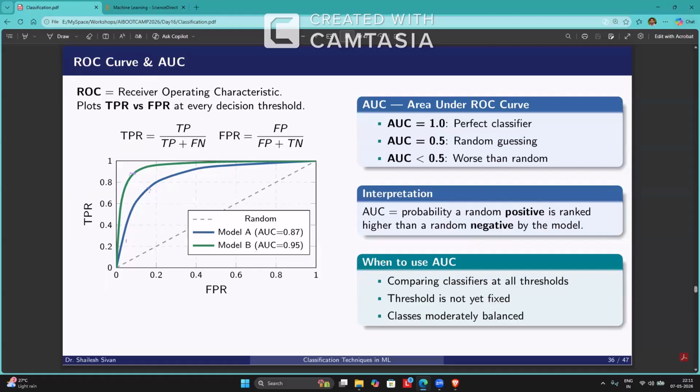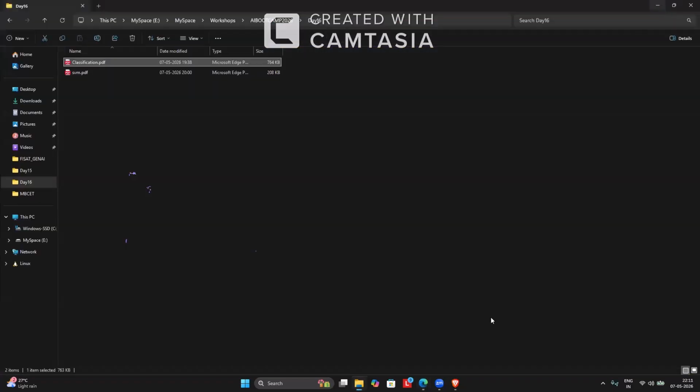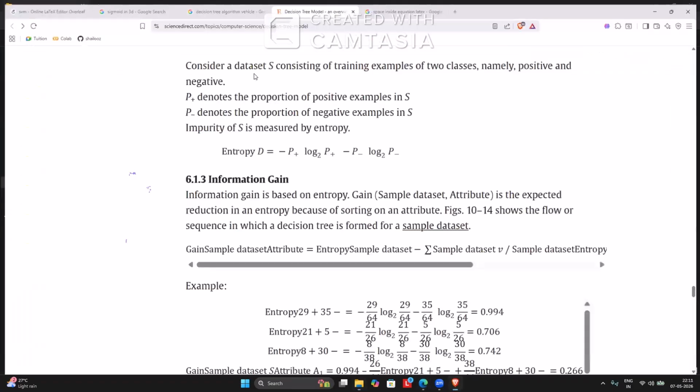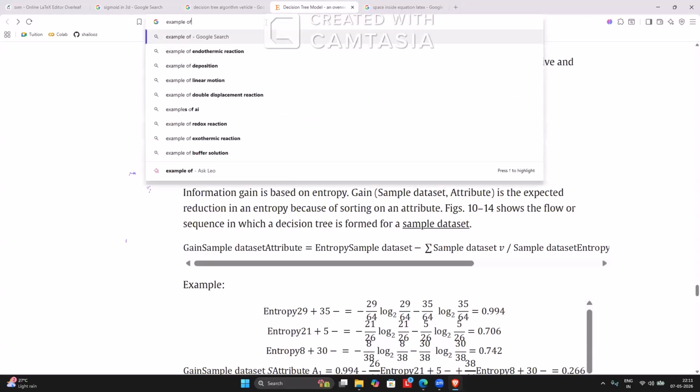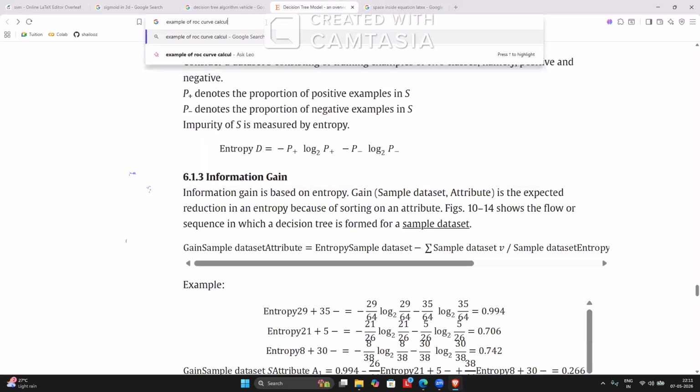We will calculate different TPRs and FPRs, and that is plotted over there. Maybe you can see one illustration. Example of ROC calculation.